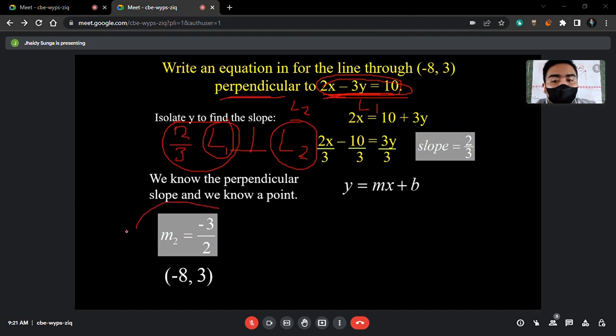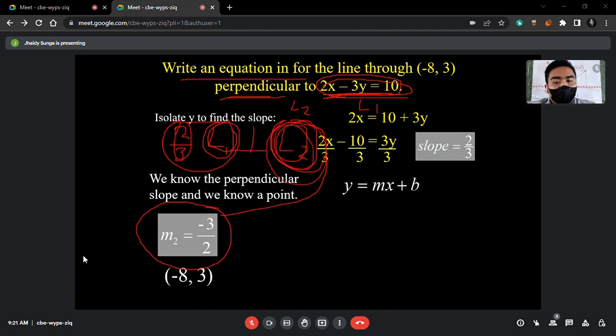Now, we could easily know your slope by having the negative reciprocals. Now, you have the slope. So you are going to write the equation of your perpendicular line. You can easily get this equation by using this one, but what matters is you are going to find the equation for your line 2, which is the perpendicular.